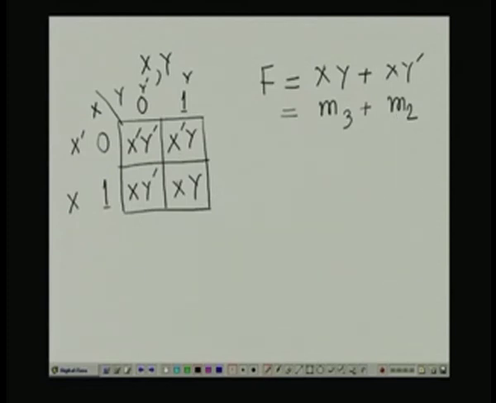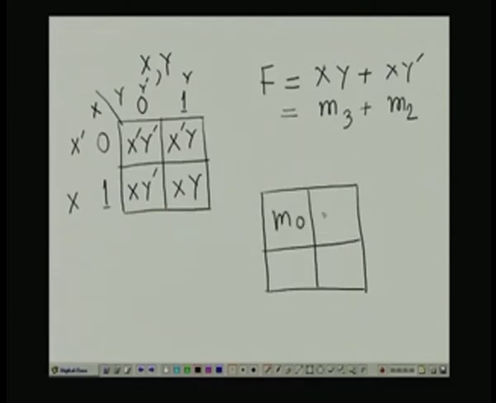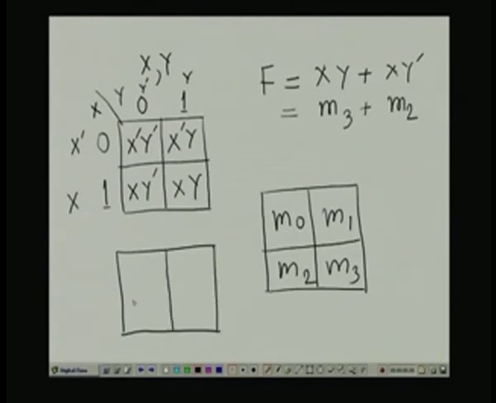Now, how will this Karnaugh map be? Actually, this is the position of M0, this is the position of M1, this is the position of M2, this is the position of M3. So here we have seen that the product term, that means the minterm for these, will be 1 and the function here will be 1.